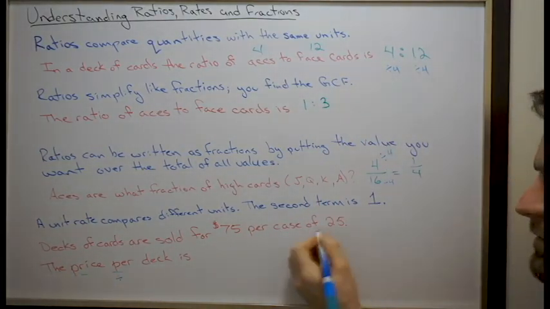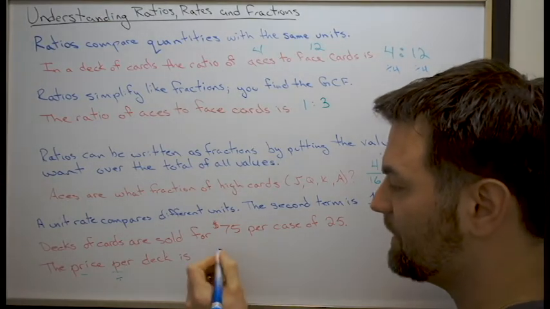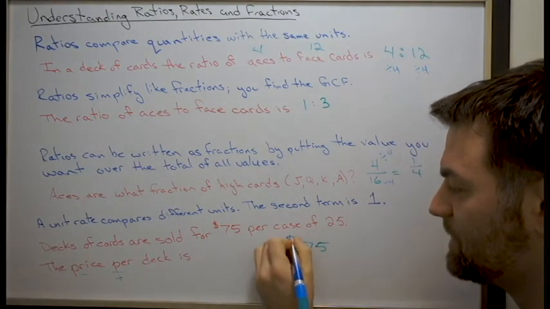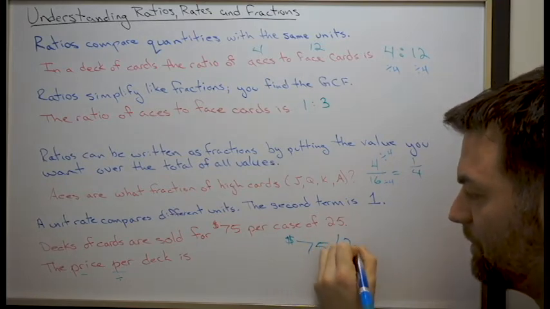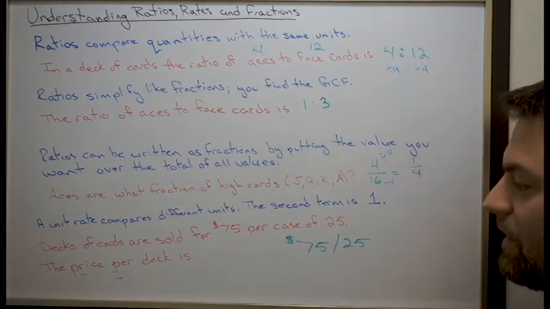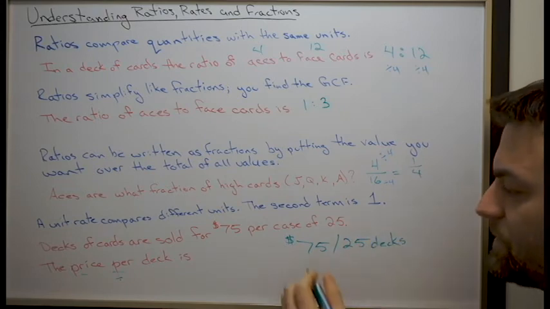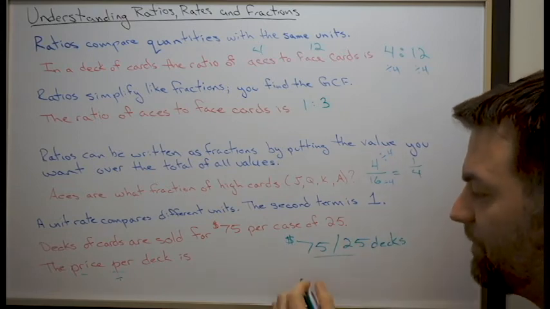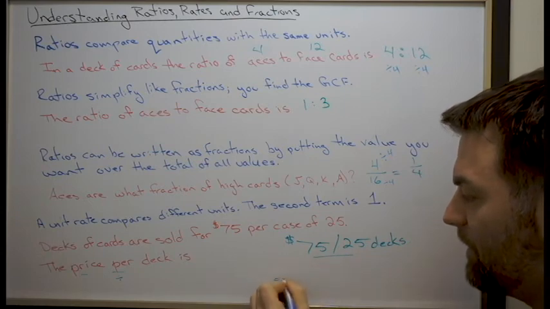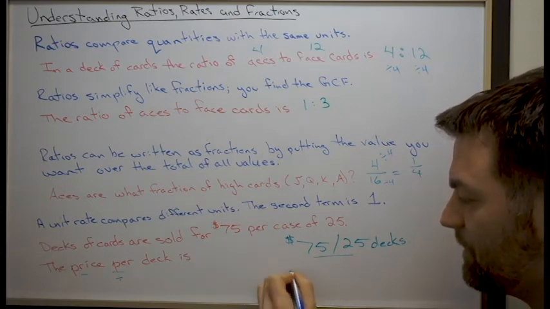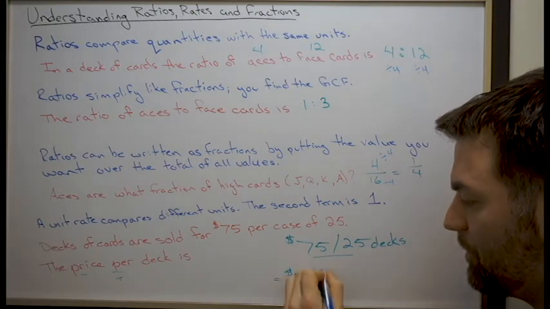So there's a case of 25 decks, so the price per deck is, we're going to do 75 is our price per 25 decks. So when we divide 75 by 25 here, what we end up with is $3 per deck.